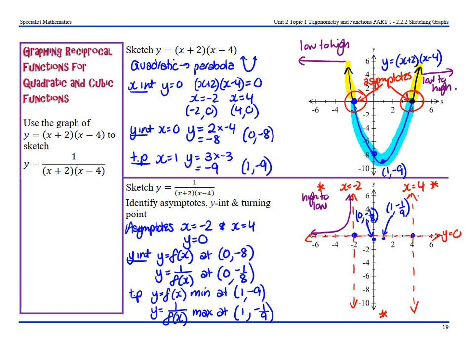So we need to do high to low. And then we have our maximum turning point there. So this is y equals 1 over x plus 2, x minus 4.